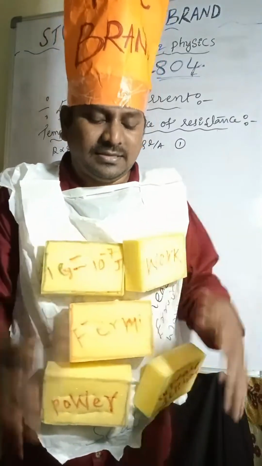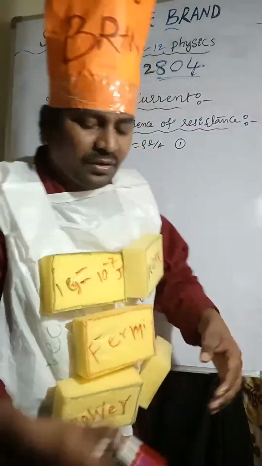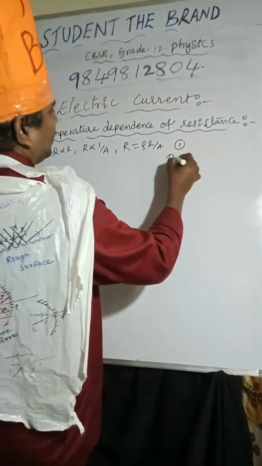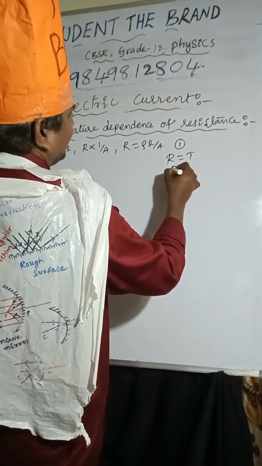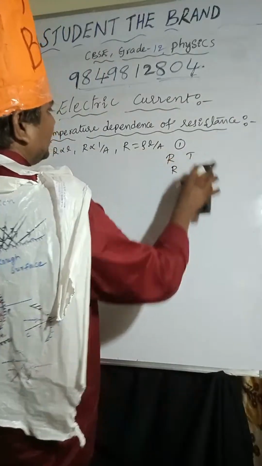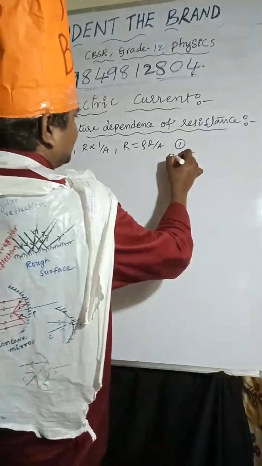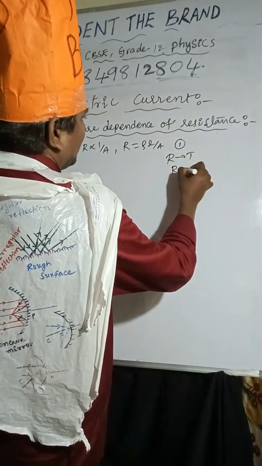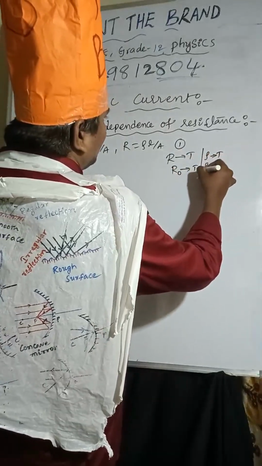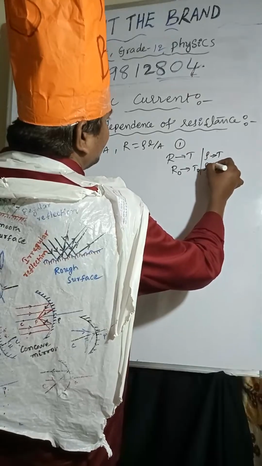Now we can take R as the resistance at temperature T, R naught at temperature T naught, rho at T, rho naught at temperature T naught.